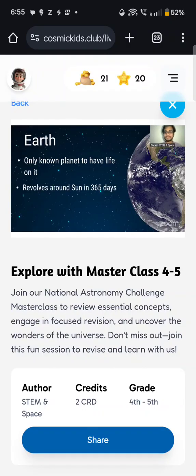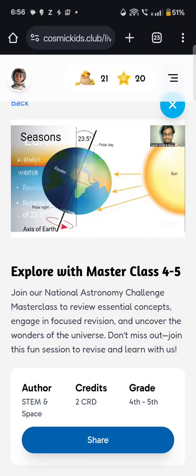It revolves around the sun in 365 days, which is just 1 year, and it rotates on a tilted axis, which is tilted at an angle of 23.5 degrees. You can all write these numbers in your notebook. Why is this 23.5 important? Because this 23.5 degree angle is one of the reasons why we have seasons on Earth.